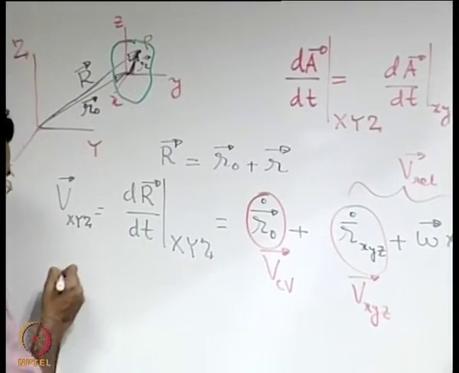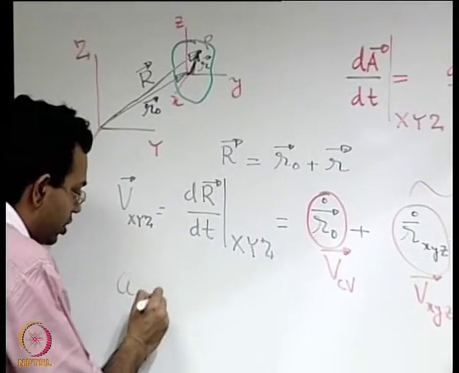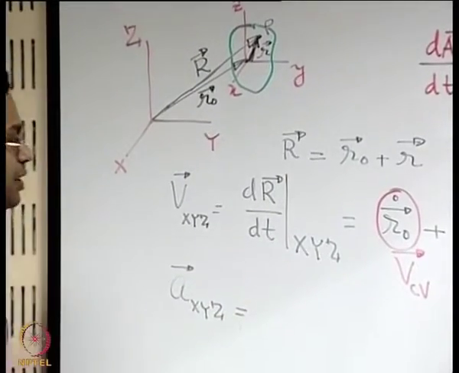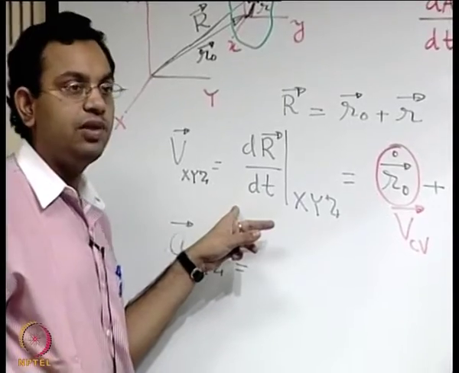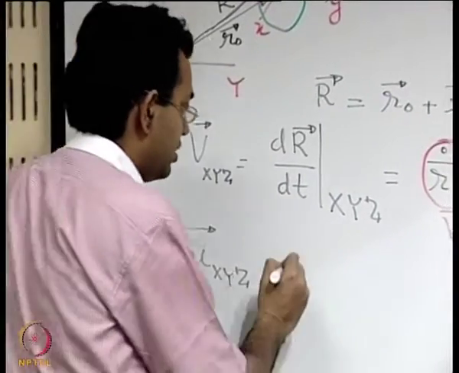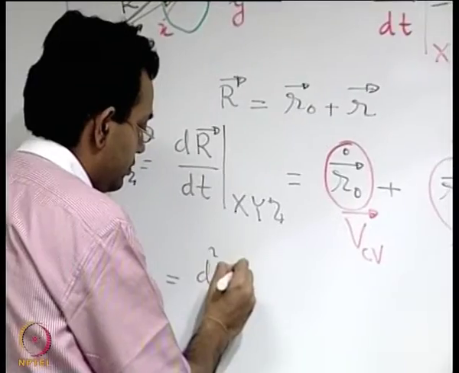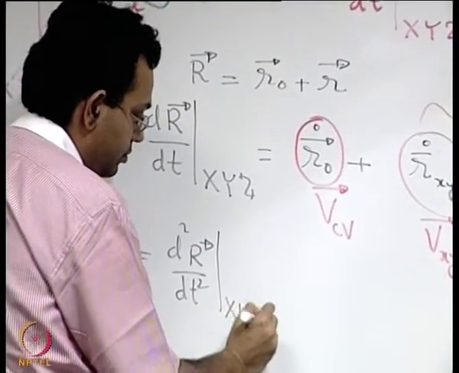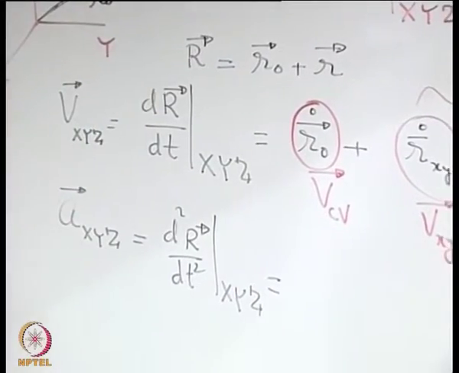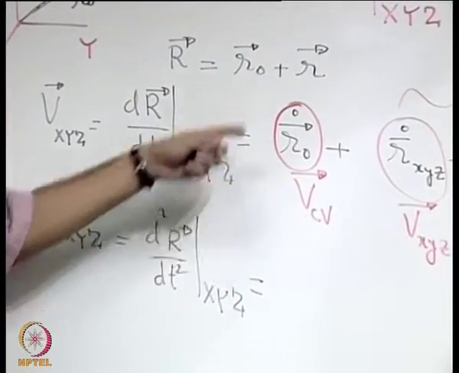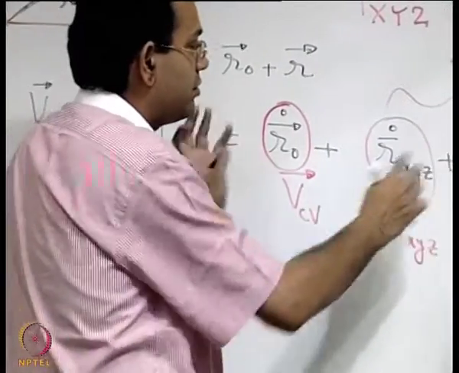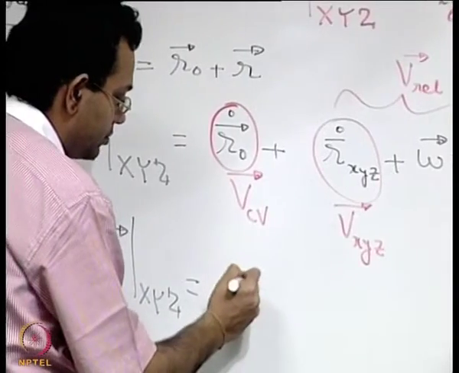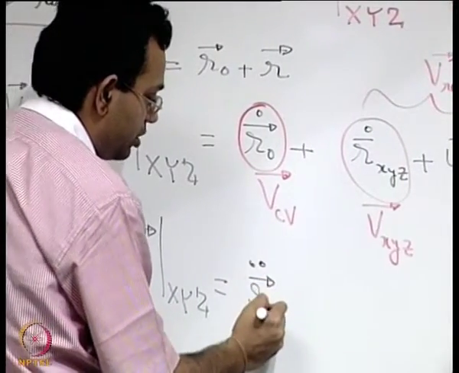So, acceleration with respect to capital XYZ, that means you have to differentiate this again with respect to time. So, let us identify the different terms and write the first term, it will become r naught double dot.